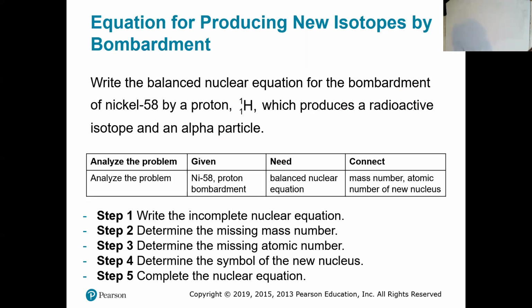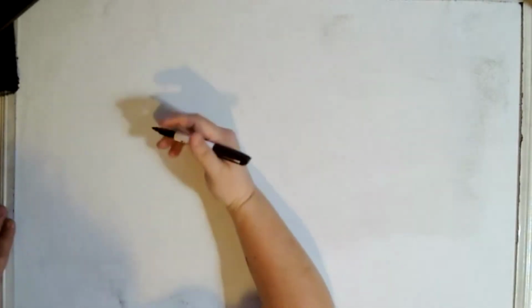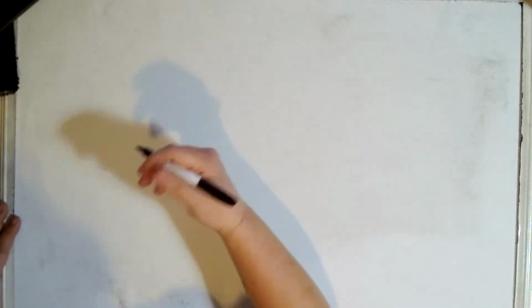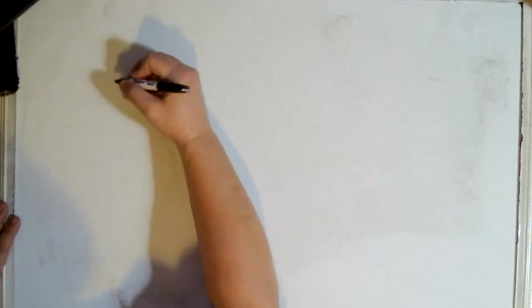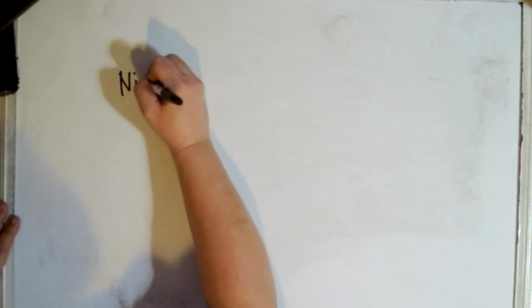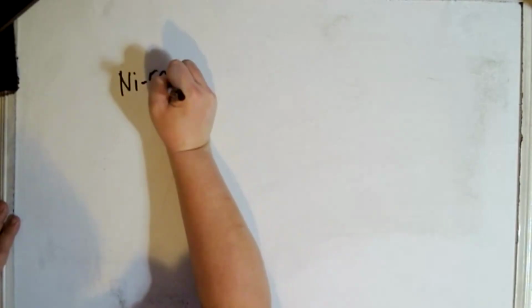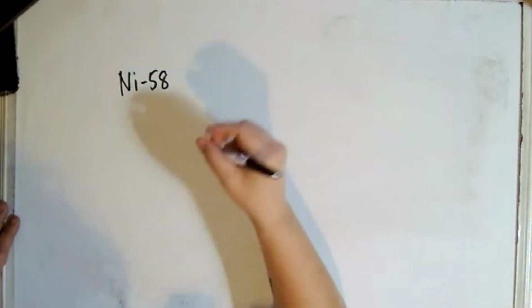I'm going to read it out loud and write down the information as I go so you can see how we should be recording it and then finding the missing information. So it says write the balanced nuclear equation for the bombardment of nickel 58. So we have nickel 58 and we're bombarding it with a proton.